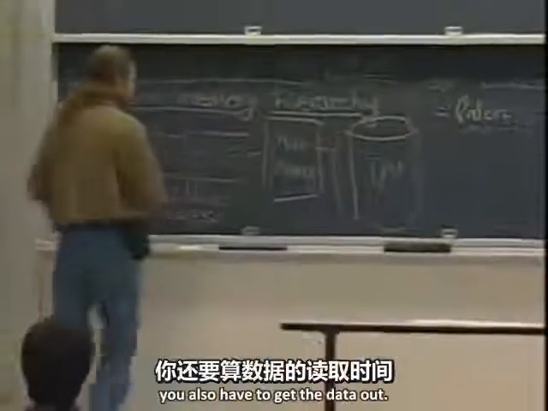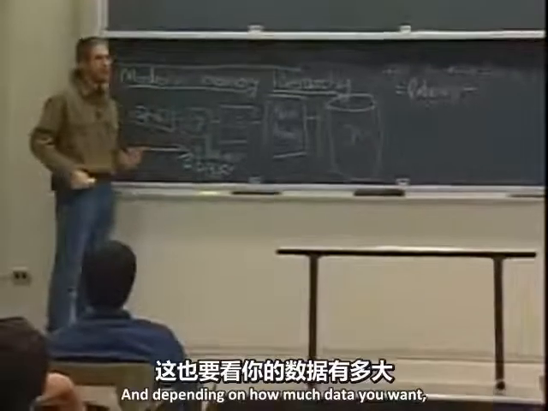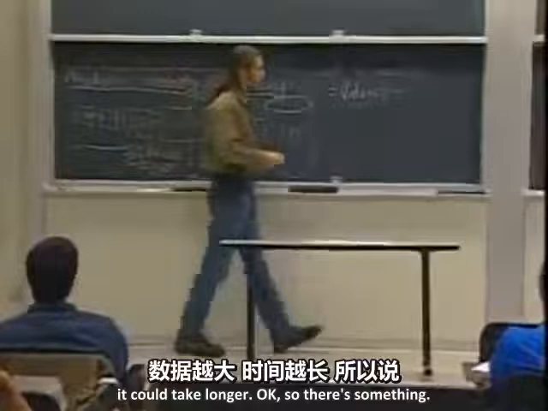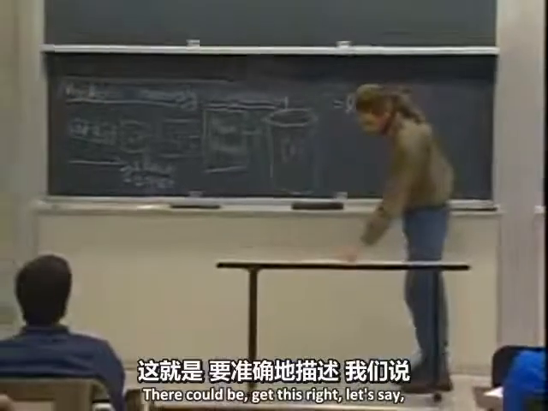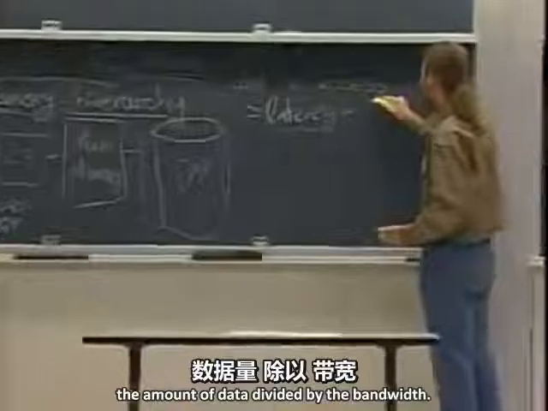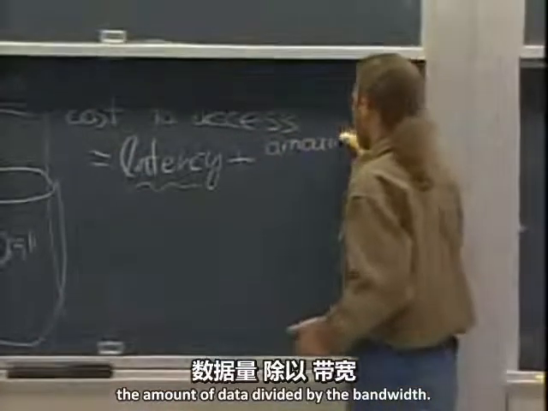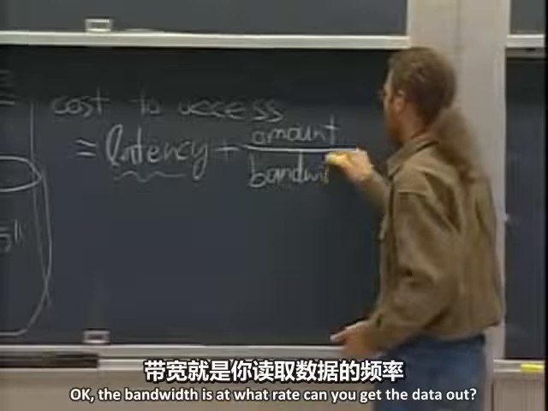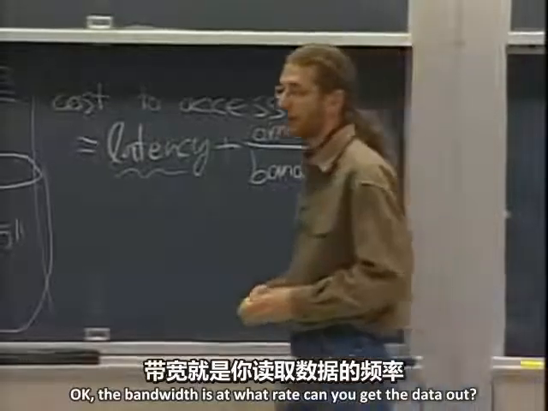Plus the round trip time, you also have to get the data out, and depending on how much data you want, it could take longer. So this would be the amount of data divided by the bandwidth. The bandwidth is at what rate you can get the data out.